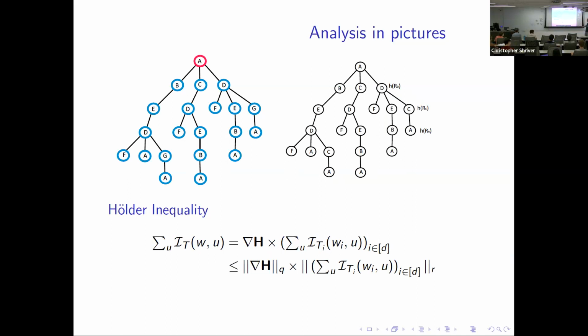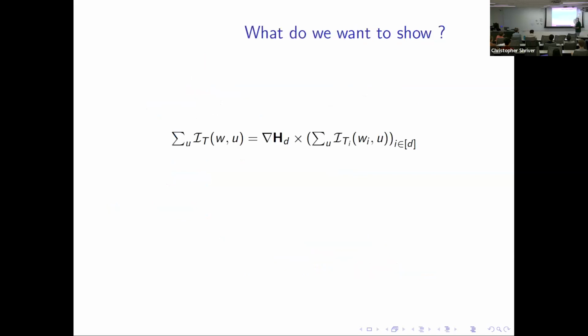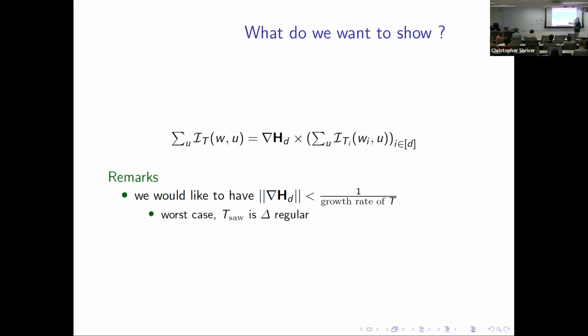Your focus when you do this is to bound some norm of the gradient of this function h. Particularly, you want to find some norm for this gradient that is smaller than the growth rate of the tree.